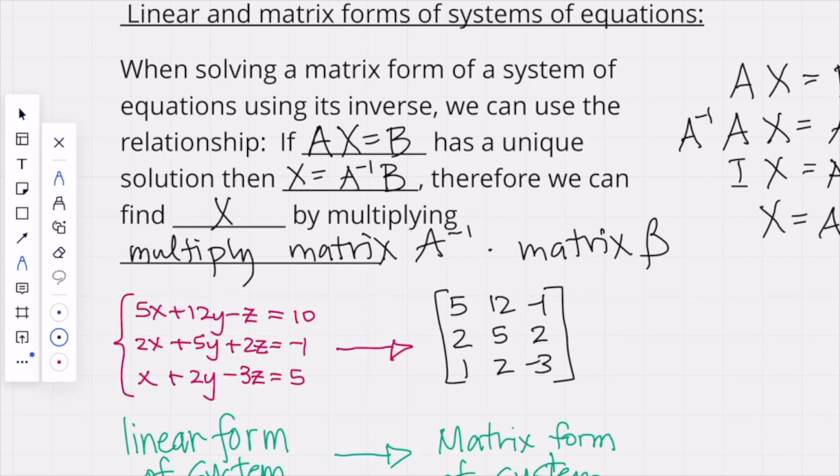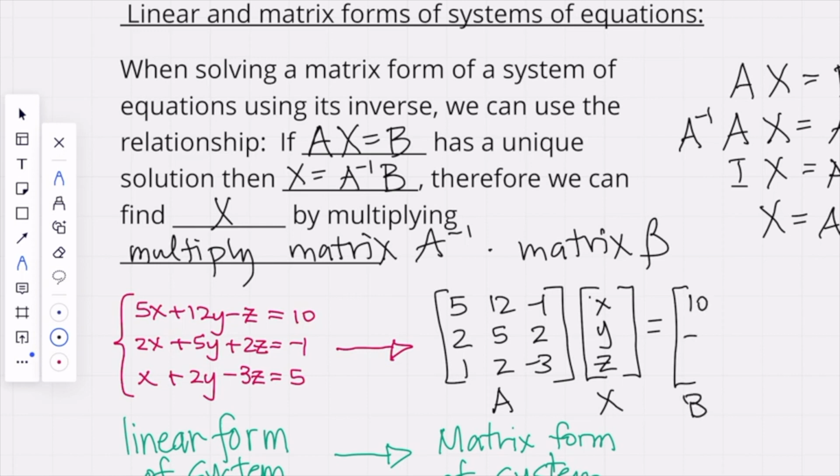This is my coefficient matrix A. I'm multiplying that by my variable matrix, big X, which is just X, Y, Z. This is going to equal my constant matrix, big matrix B: 10, -1, and 5. This is my matrix form of the system.